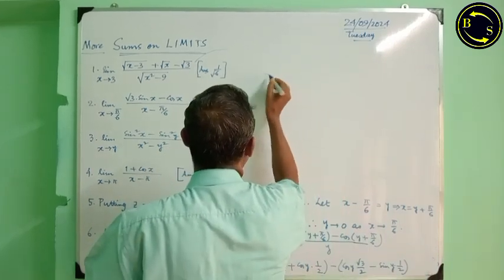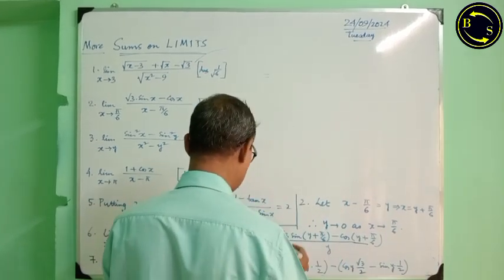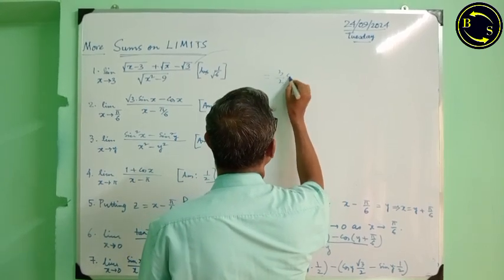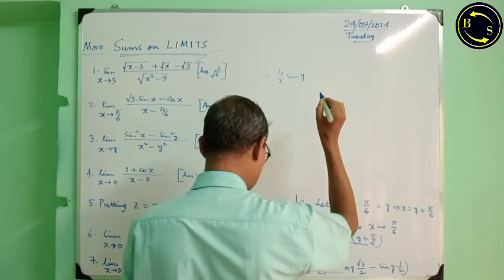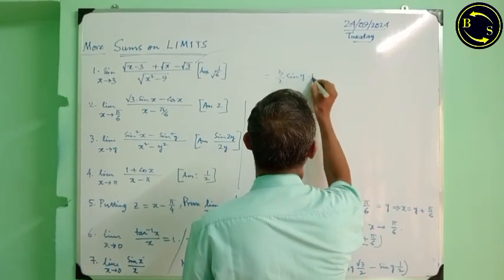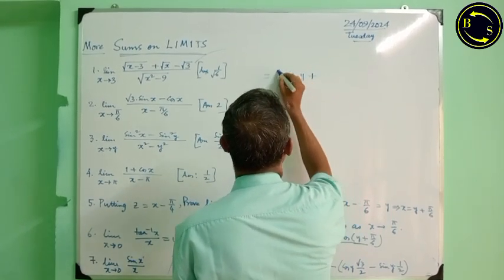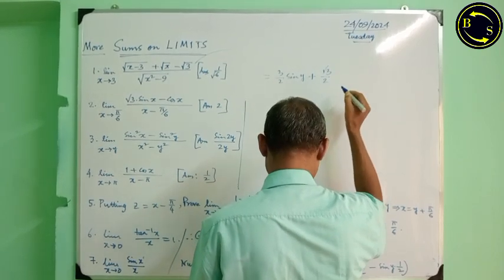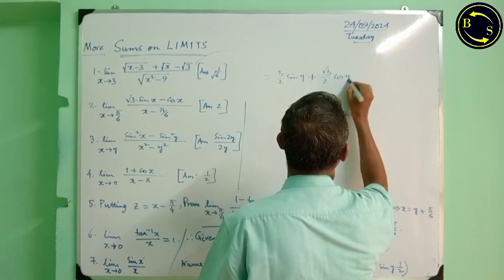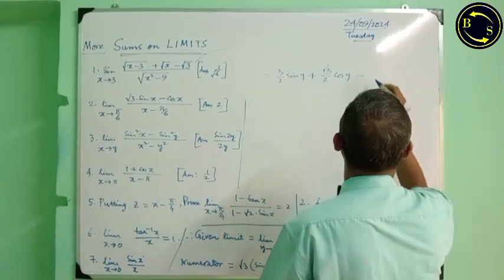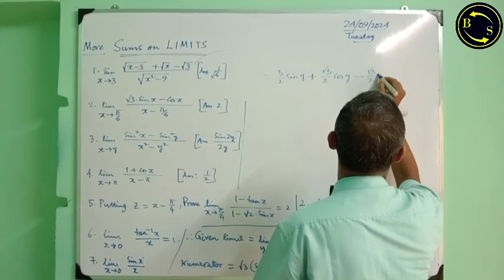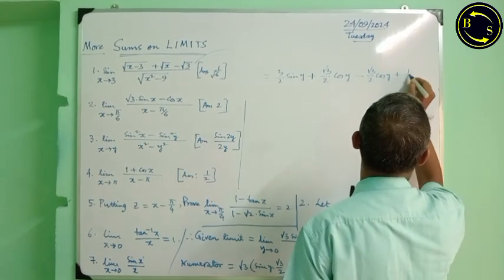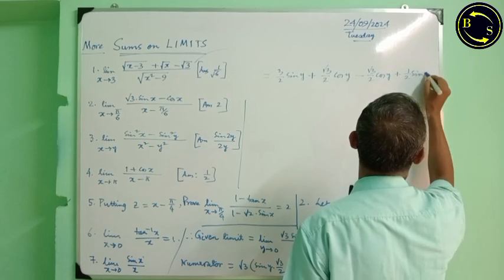Now we multiply by root 3: 3 by 2 sin y plus root 3 by 2 cos y minus root 3 by 2 cos y plus half sin y.